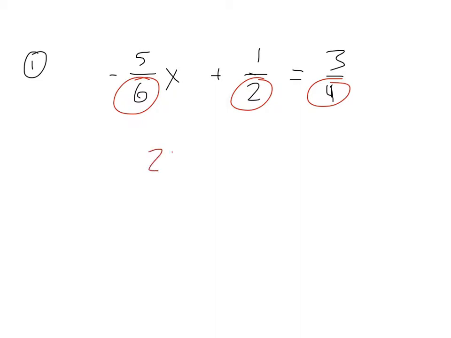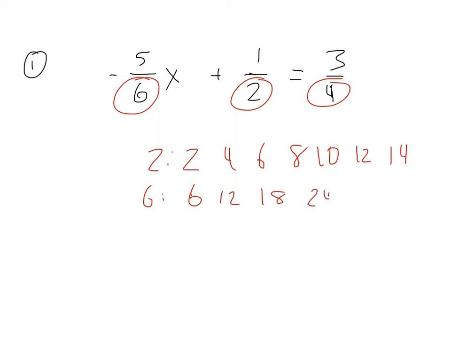Well, let's see, multiples of 2 are 2, 4, 6, 8, 10, 12, 14, I'll stop there. Multiples of 6 are 6, 12, 18, 24, so on and so forth. Multiples of 4, let's see, 4, 8, 12, 16, 20.